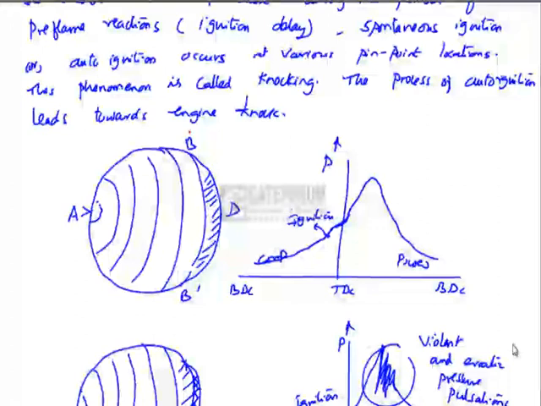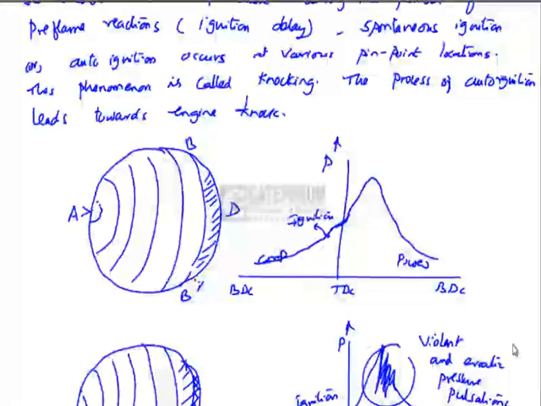The advancing flame front compresses the end charge B'D, at the farthest location from the spark plug, thus raising its temperature. The temperature is also increased due to heat transfer from the hot advancing flame front. Also, some pre-flame oxidation may take place in the end charge, leading to further increase in temperature.